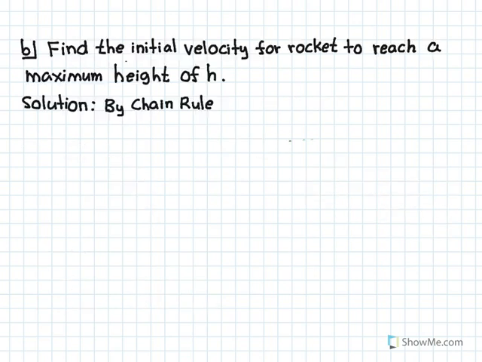All right, let's look at part B. Part B asks us to find the initial velocity for the rocket to reach a maximum height of h. By the chain rule, we know that dv/dt is equal to dv/dy, the rate of change of velocity with respect to height, times dy/dt. But dy/dt is simply velocity v.